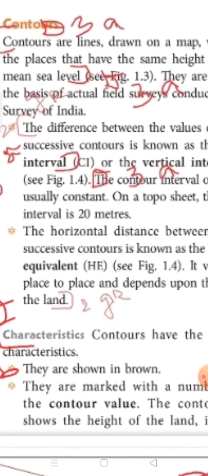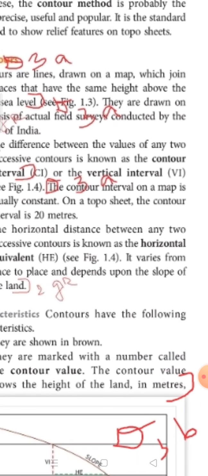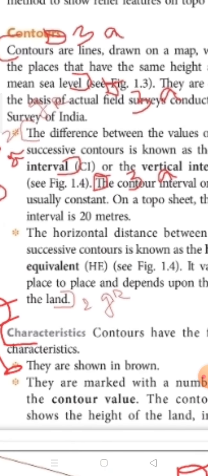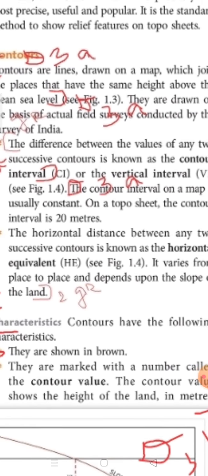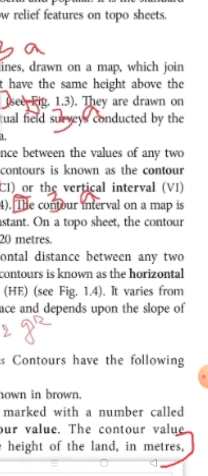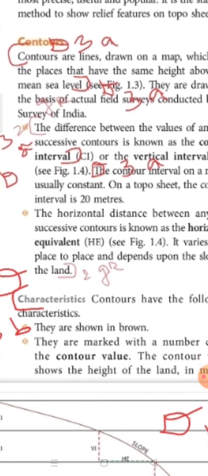Then the difference between the values of any two successive contours is known as the contour interval.